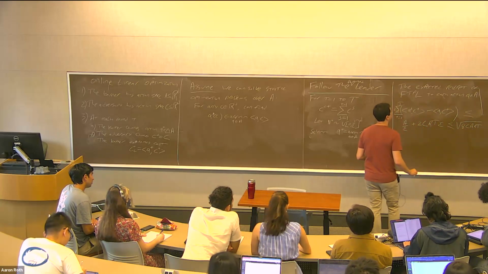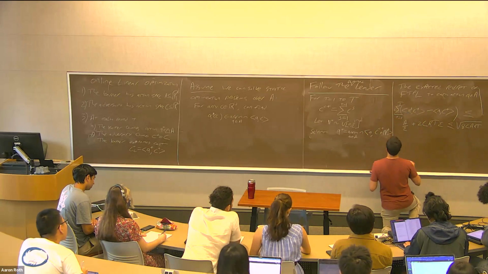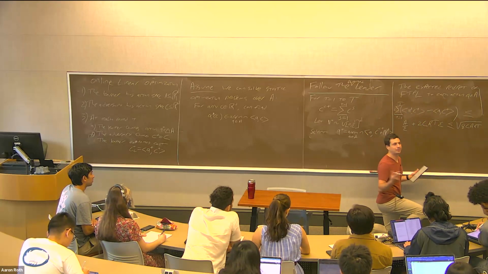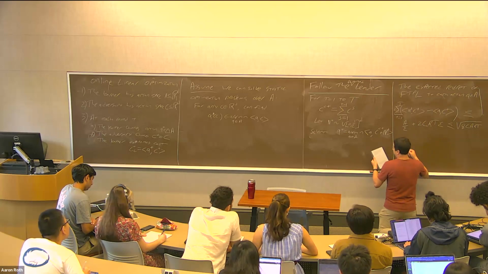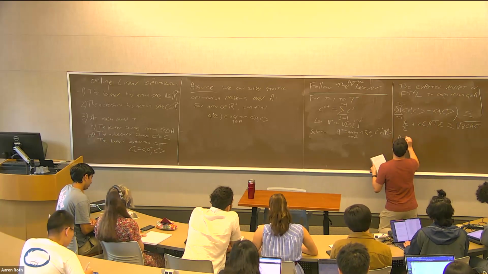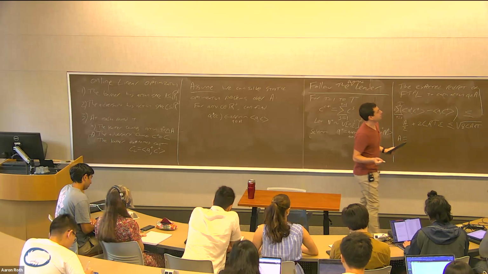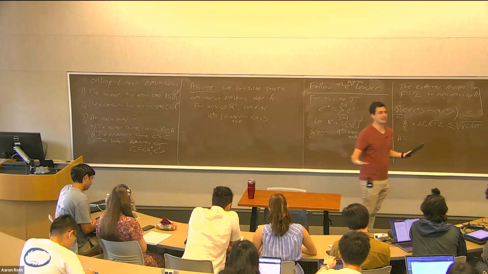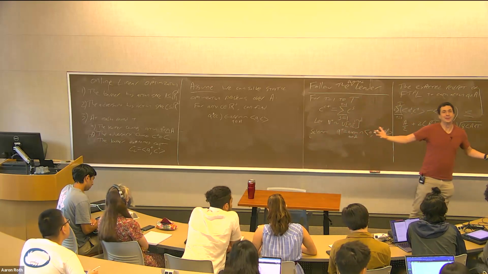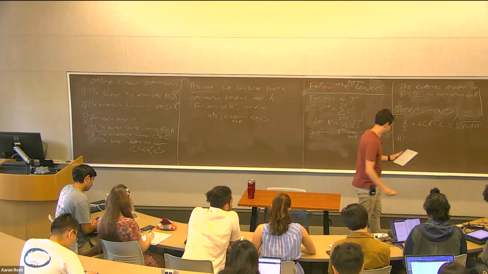Now, what are these letters? It depends basically on the scale of the problem. A is related to the diameter of the action space as vectors, like how big are the vectors representing these actions.